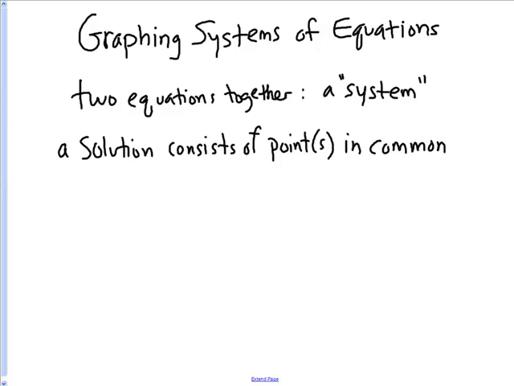When graphs intersect, the equations, or the system, is said to be consistent.